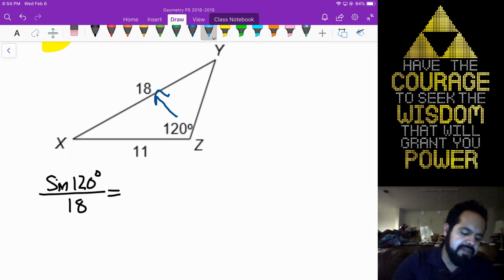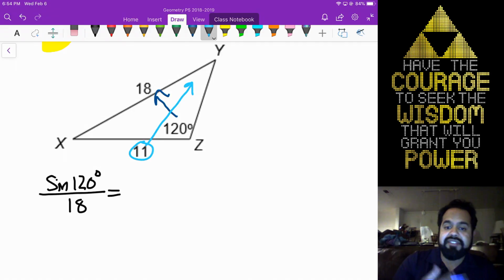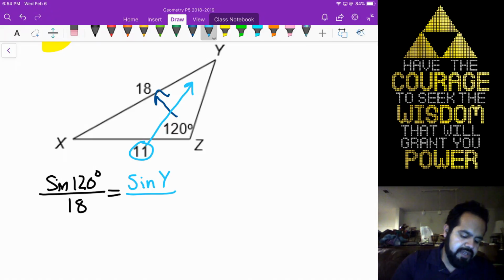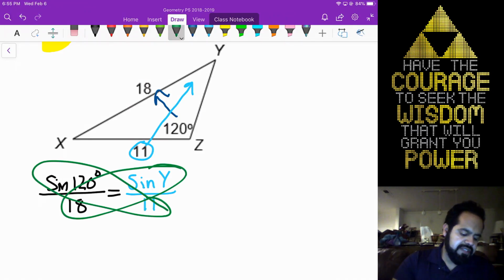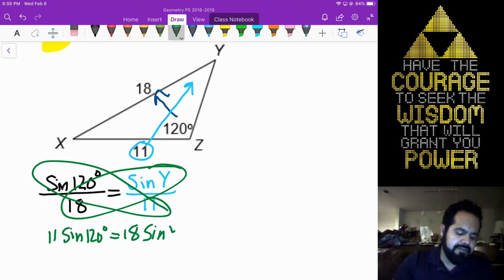Now the only other information I have here is this 11, and it's pointing to angle y. So I have to solve that. So I say sine of y over 11. We're going to cross multiply everything. So we're going to get 11 sine of 120 equals 18 sine of y.